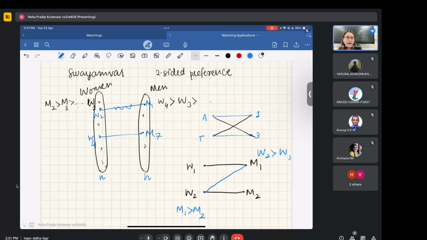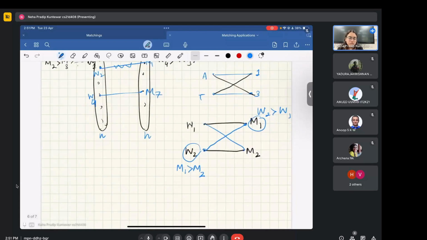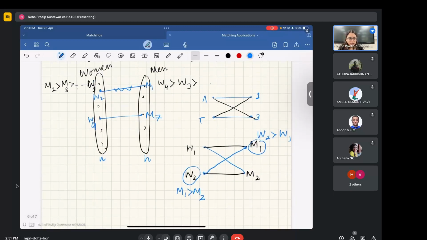It would be a happier marriage if M1 were assigned to W2, and the other way around. This would have been a more stable situation, because at this point M1 is willing to swap and W2 is also willing to swap. So they would be in a happier state if the matching was changed. These kinds of situations that happen in this marriage problem are called instabilities.